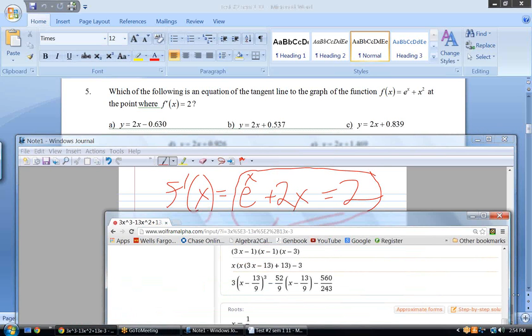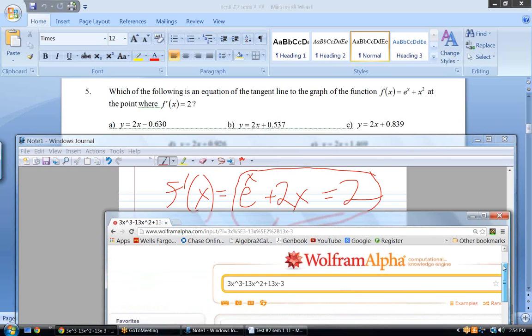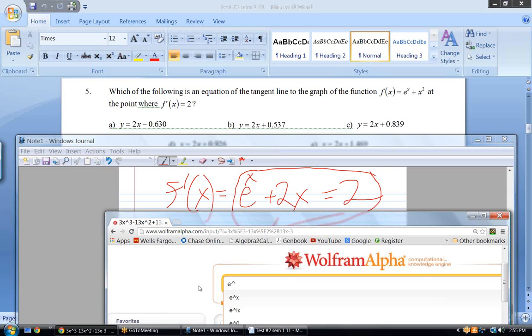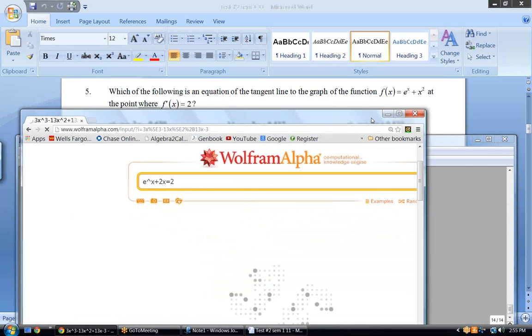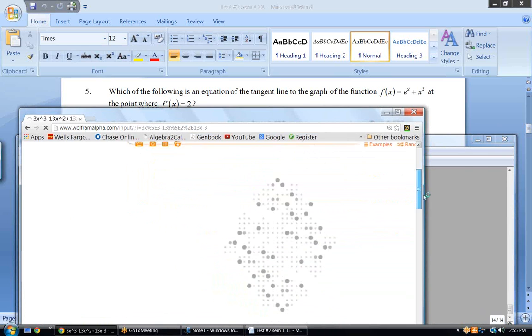Okay, so let me do this. Again, we have a polynomial equal to a transcendental, so the only way we're going to solve this is to type it out: e to the x plus 2x equals 2. So we need to solve that for x. That's going to give us the point.